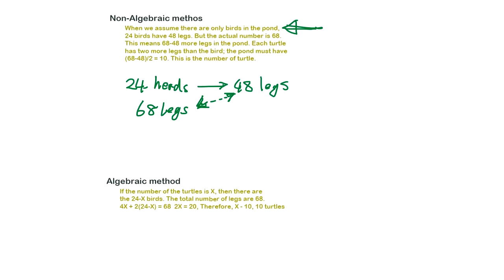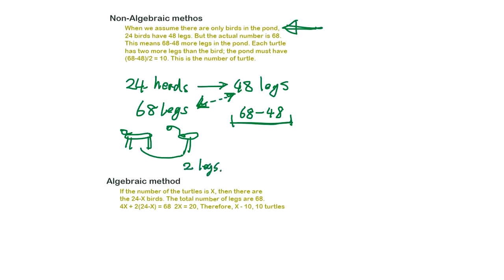So how many did the child undercount here? 68 minus 48, right? But think about the reason why you got more legs: some of them are not birds, they are turtles. A turtle has 4 legs, and a bird has 2 legs. Each one you count wrong, you're undercounting 2 legs.